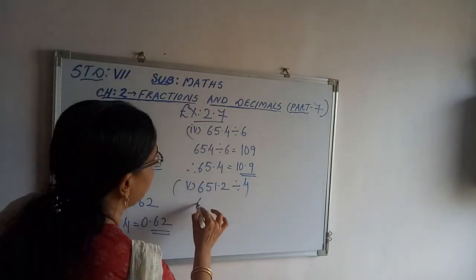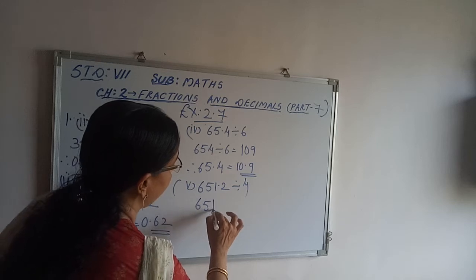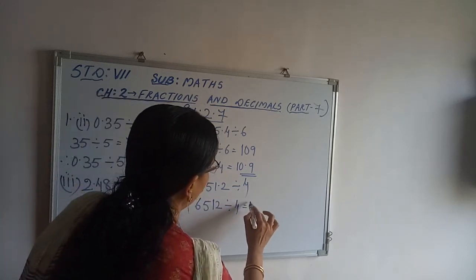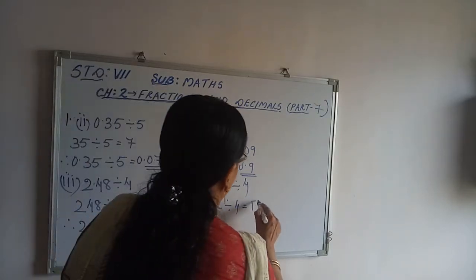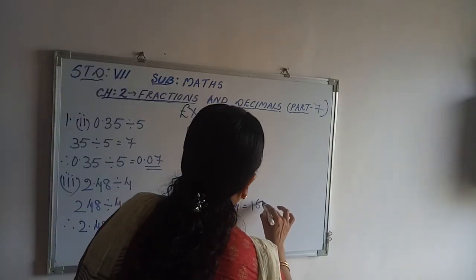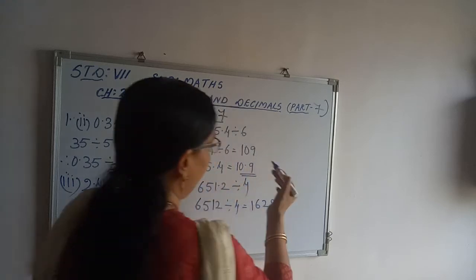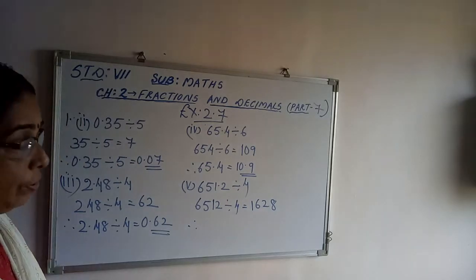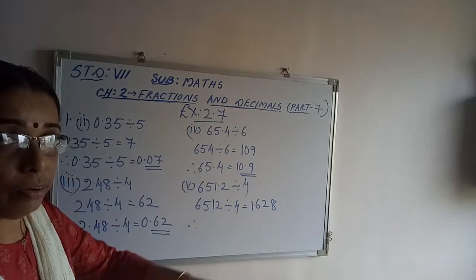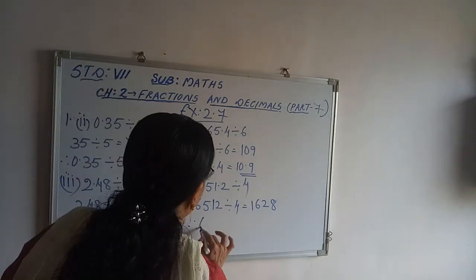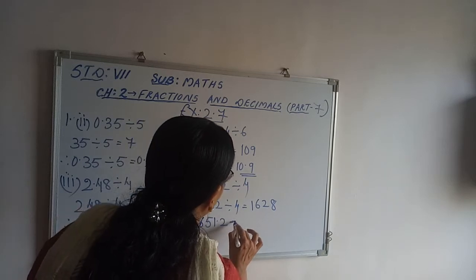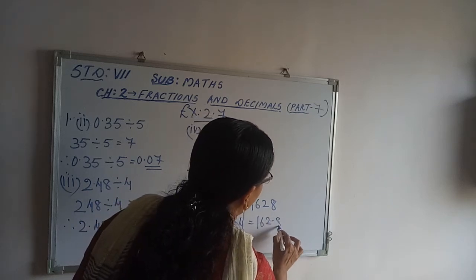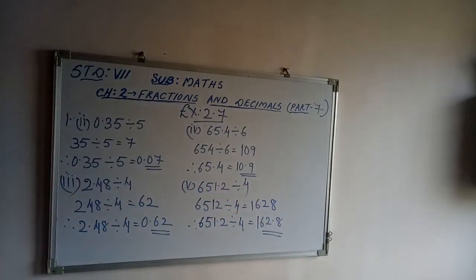Now here 6512 divided by 4 is equal to 1628. If you are finding it difficult to divide directly, do it in the working column there. Therefore, 651.2 divided by 4. How many decimal places? 1. So you will get 162.8 is the answer. Okay.